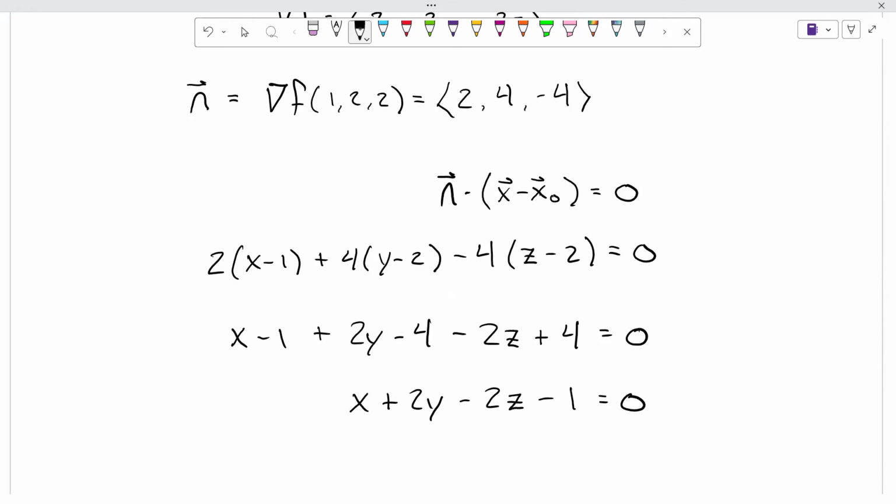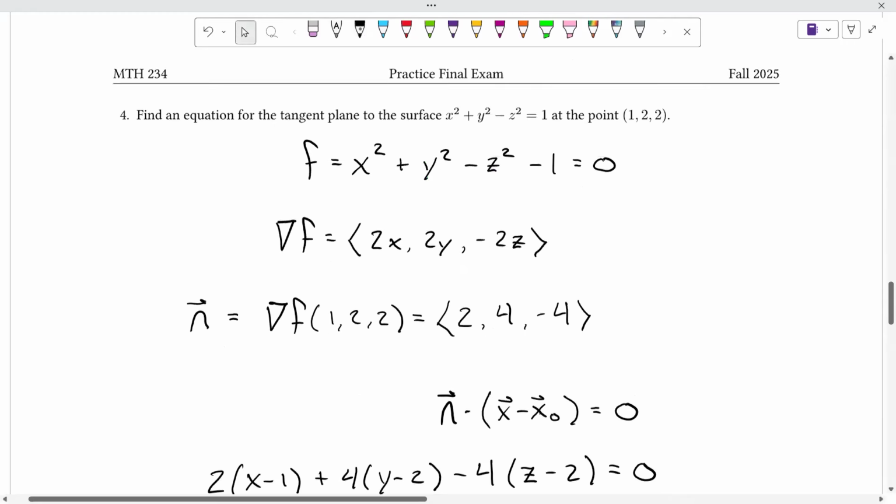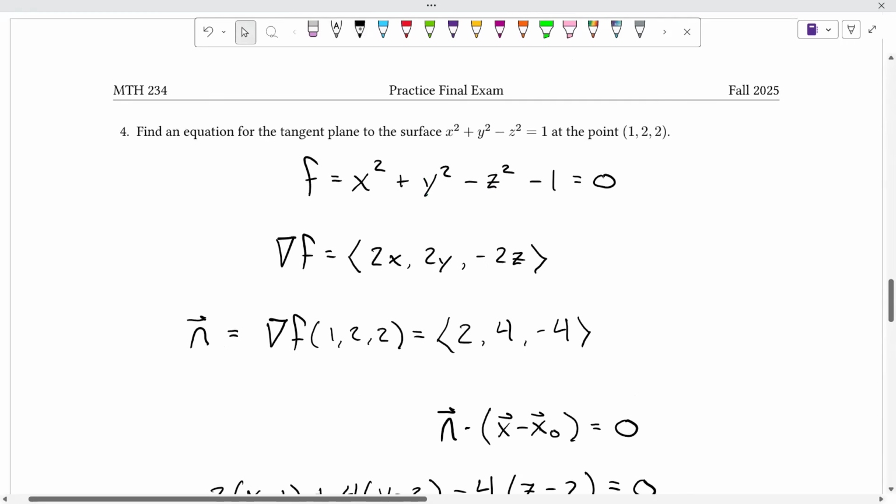Again, I think that's a perfectly valid way of getting ourselves to an answer. The other option would be, again, remembering the formula that we had back from this section of the textbook, which will work as well. You'll have a little bit more work to do, though, because you'll have to find an explicit function first, which means taking the square root to get to z, selecting the correct plus or minus option when you do. Though the correct option will be the positive one because z is equal to positive 2 at this point.